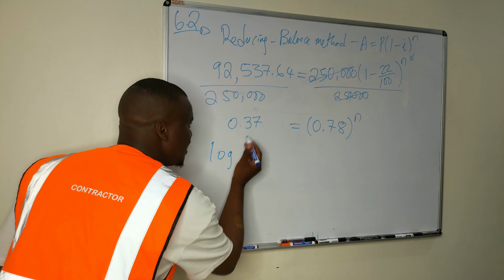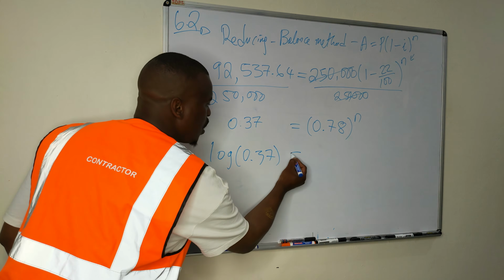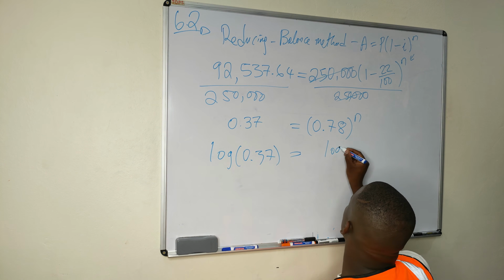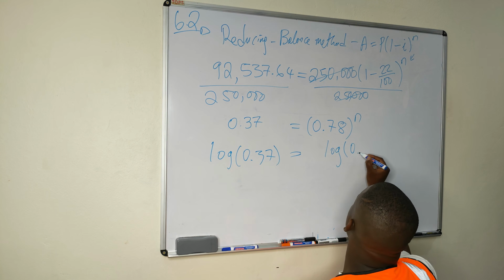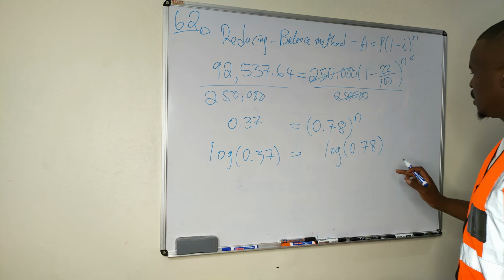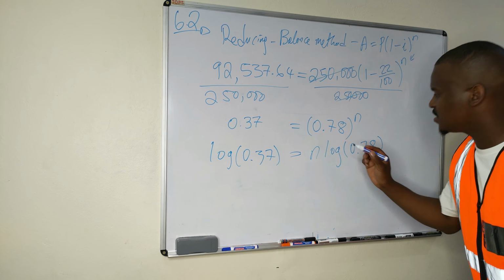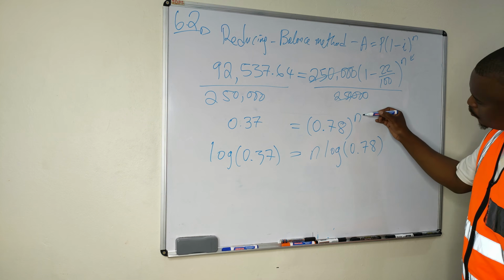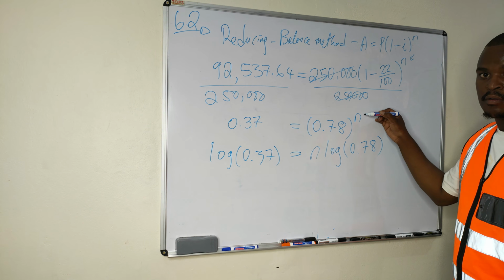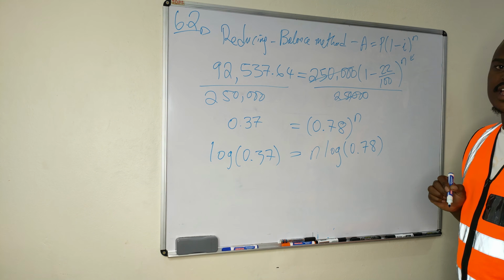Then you say the log of the right, 0.37, is equal to the log of the left, which is log 0.78, right? So this n you put here in front, because you use the log to remove it from the top. That's what the log is for. The log is used to remove this n from the top to be in the front.